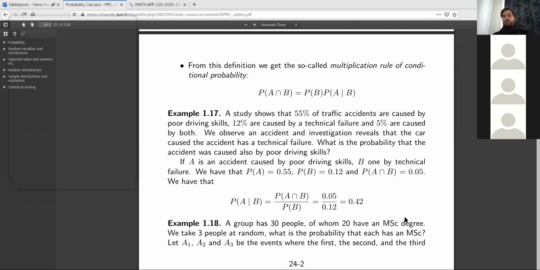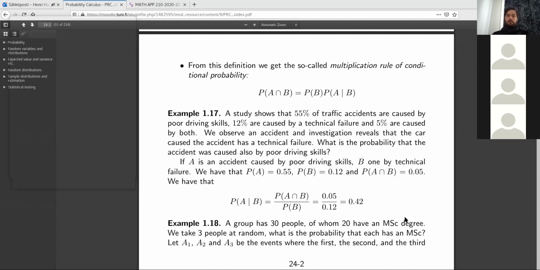And the quotient is 0.42. So whenever there's a breakdown of something, there are still 42% of those cases that would have been avoided if the driver had done a better job. So this is how you use conditional probabilities.